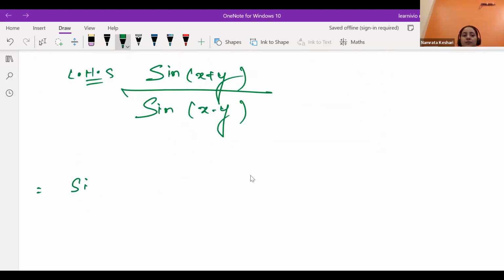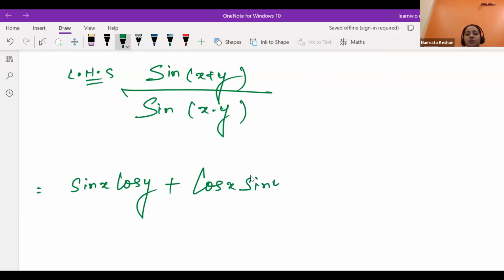So what will be the formula for sin of x plus y? Sin x cos y plus cos x sin y. Perfect.